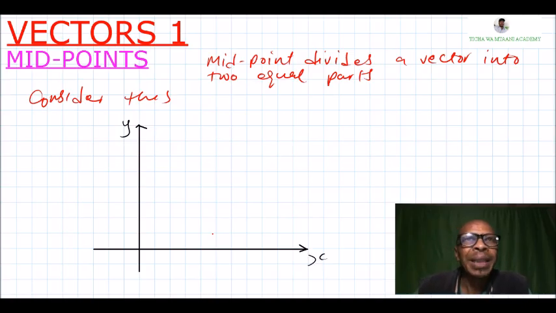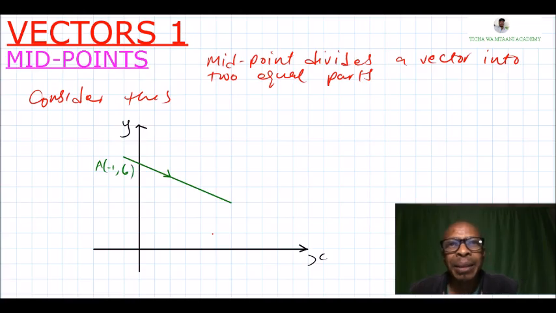Consider a vector, whose direction is like that, and we say this vector is a. The coordinates of a, let's write it properly: A is (-1, 6). So those are the coordinates, and for b, we have (5, 2).